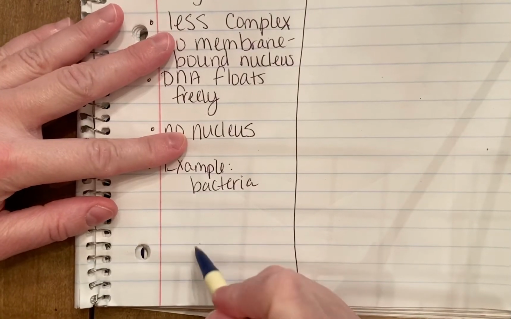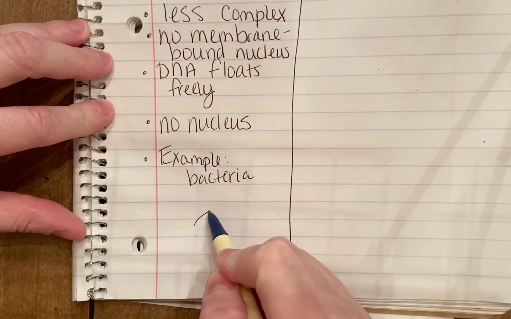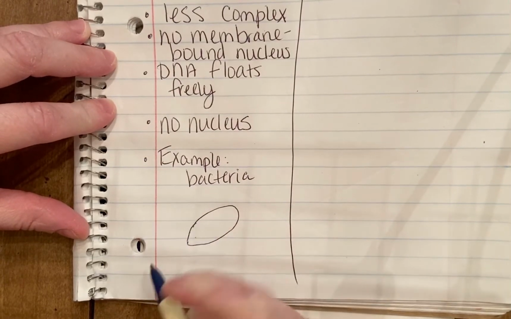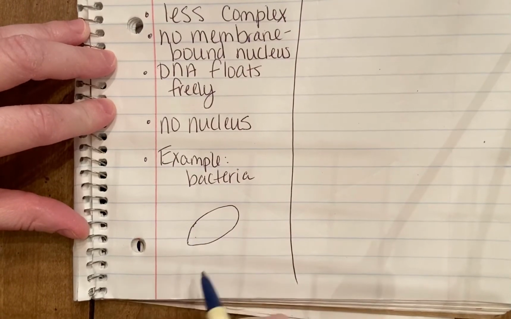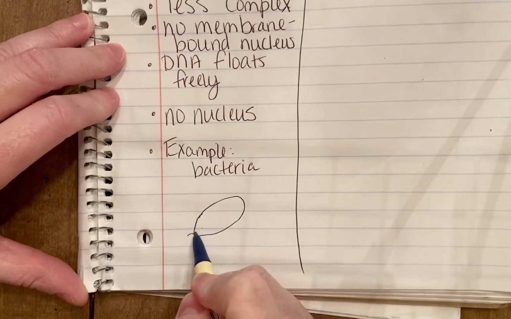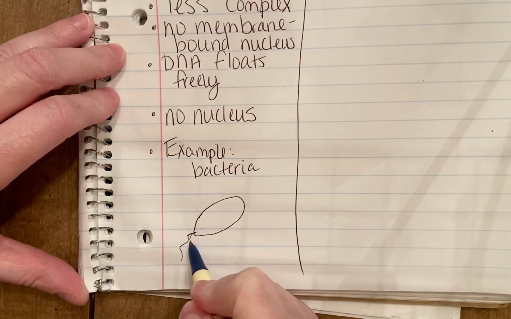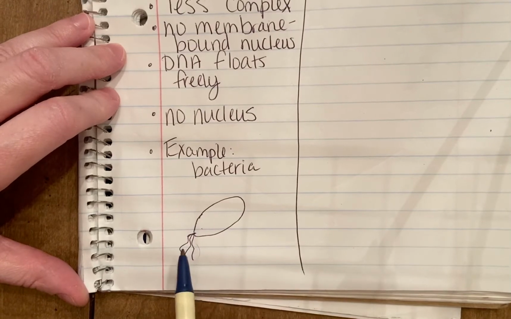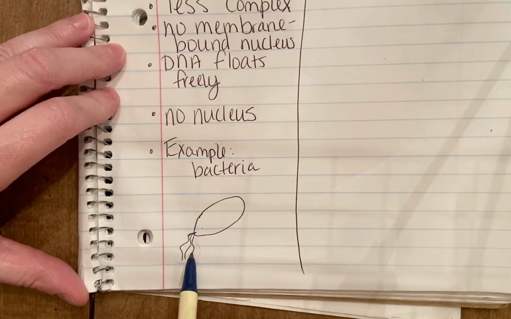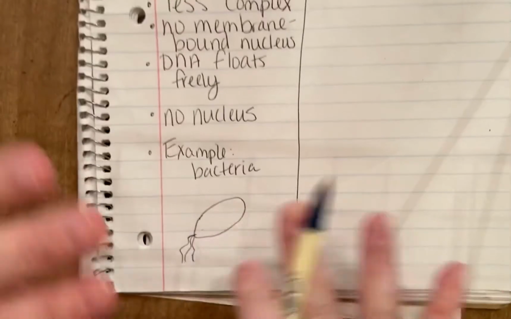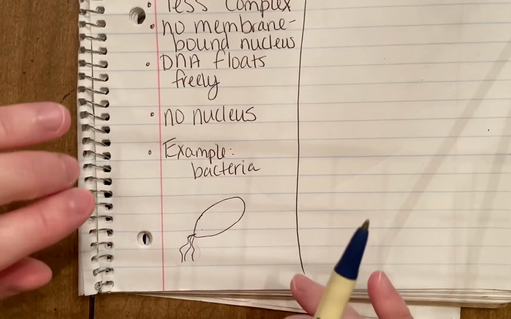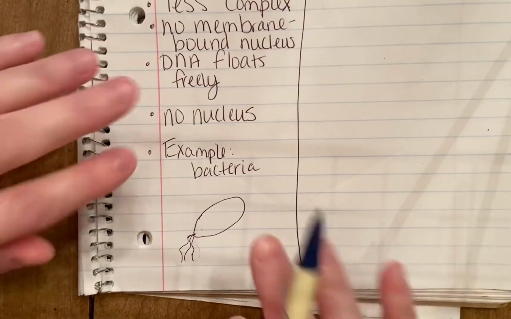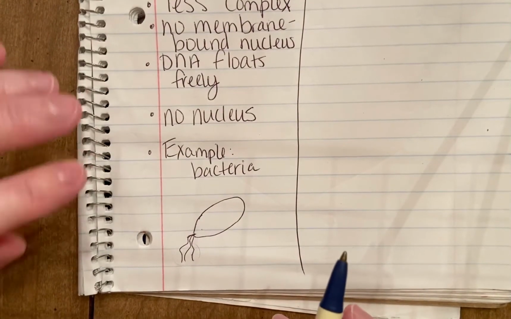When I'm drawing this, you're going to see it's like this oval looking structure. Bacteria cells, prokaryotic cells, have this whip-like structure coming off of it. It's like a tail. It helps it move on surfaces because bacteria is everywhere. It's in the soil, it's in your stomach, it's in your intestines. Good bacteria actually helps you digest your food.